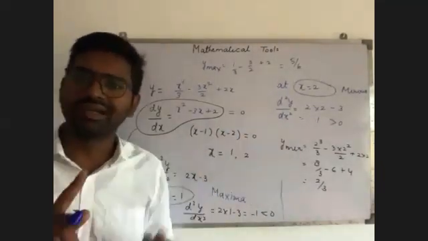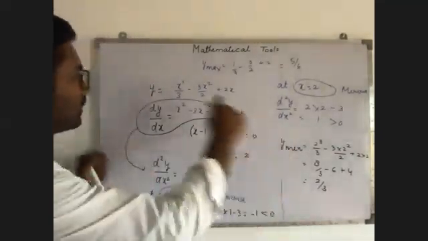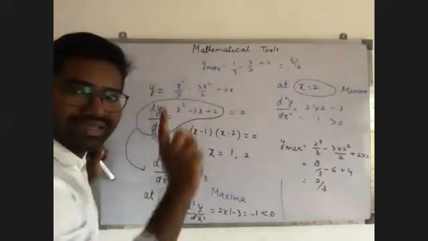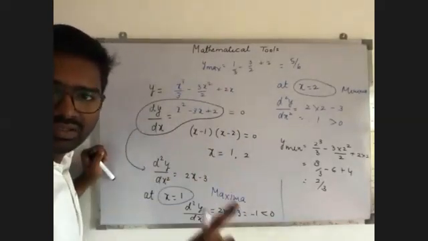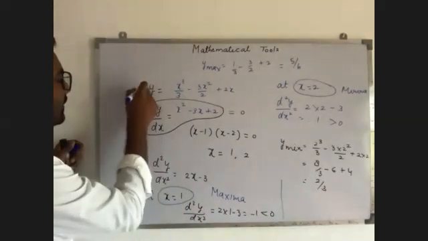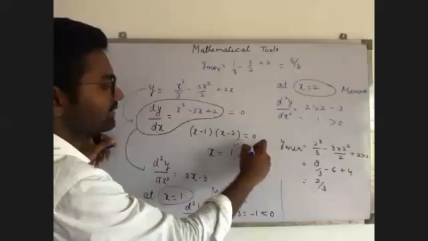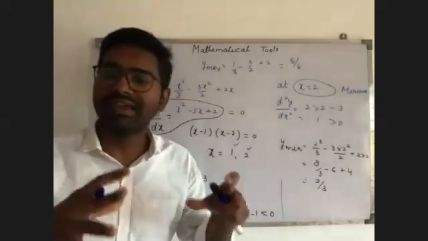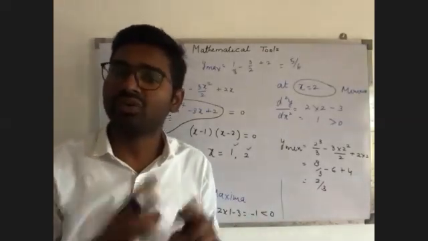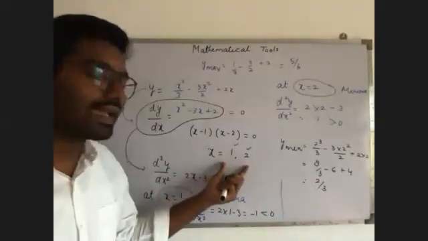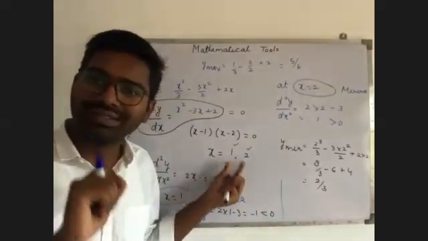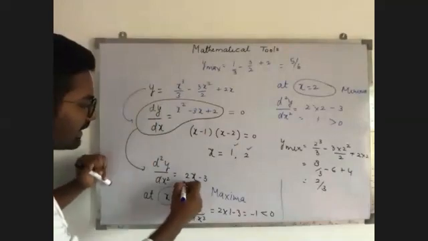What I did, listen again, I am repeating, just listen. They have given a function, I need maxima or minima. So for that, first I differentiate the function and put it equal to 0. I get 2 points. Now these 2 points can have a maximum value or minimum value, I don't know. Then I again check d2y over dx square. So again I differentiated and I get a function.